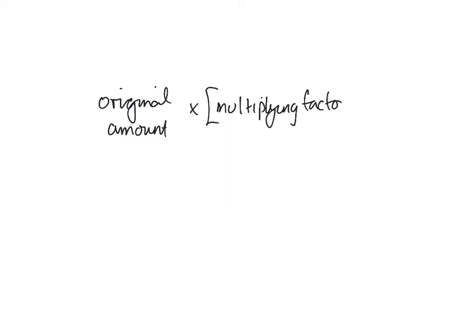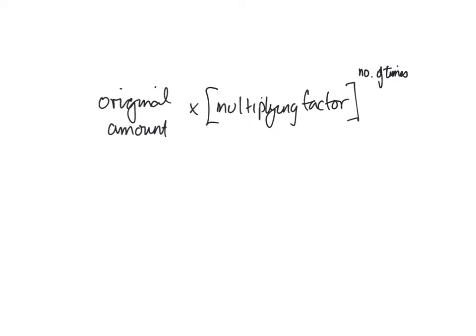So the original amount, and we multiply it by whatever our multiplying factor is. And if you look at our previous video on increasing or decreasing amounts, you'll see multiplying factor. But not just a multiplying factor, that's to the power of the number of times that this is happening.